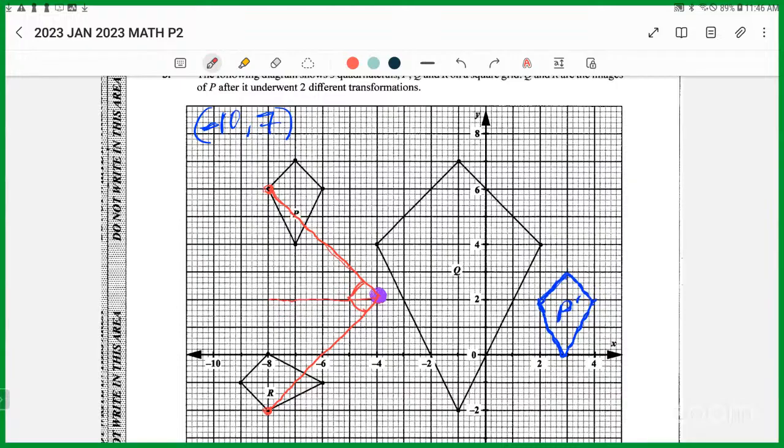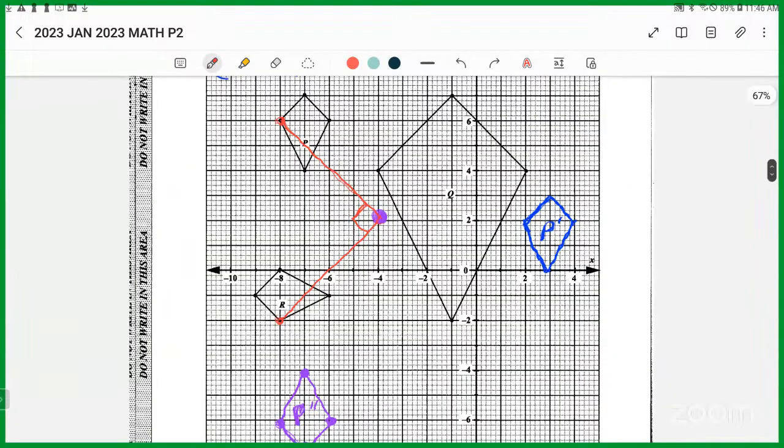And this length can be broken down into 4, 4 as well. Look: 1, 2, 3, 4, 1, 2, 3, 4. So those two lines have the same length. Yes. So this line rotates around to this line, and so this point rotates around to this point 90 degrees.